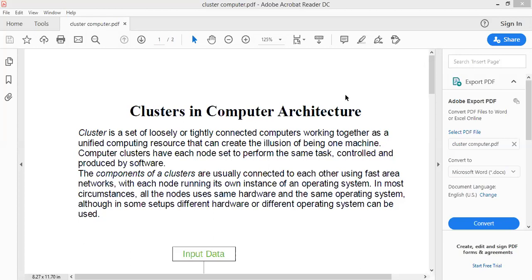In most circumstances, all the nodes use the same hardware and the same operating system. In some setups, they also use different hardware or different operating systems.